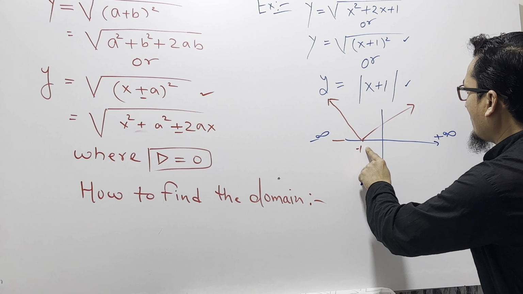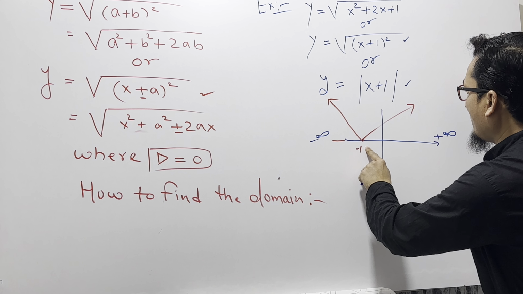So the domain is R, the real numbers. Whenever you have a question like this in square form, the domain will always be the real numbers.